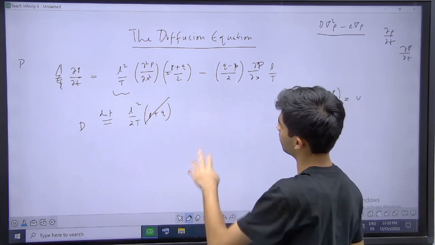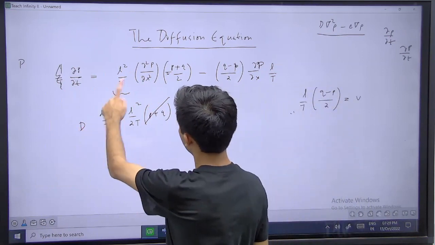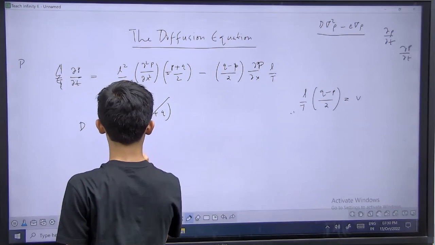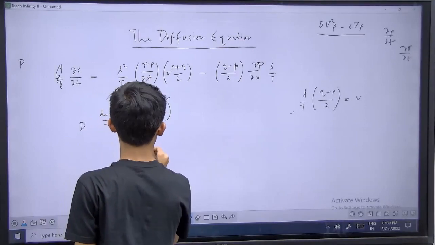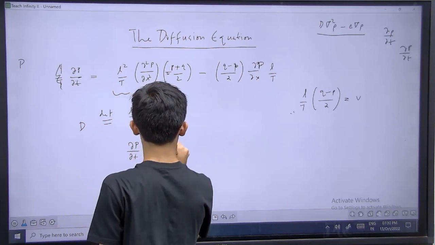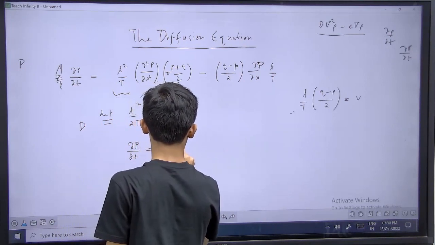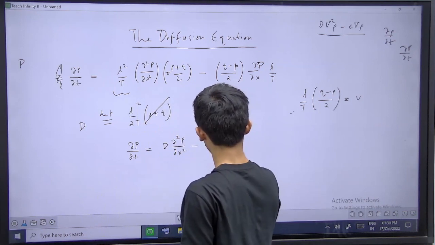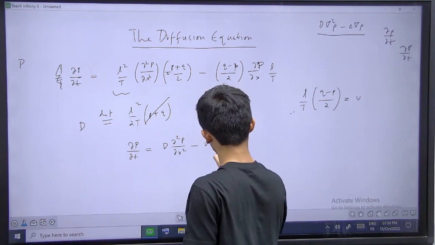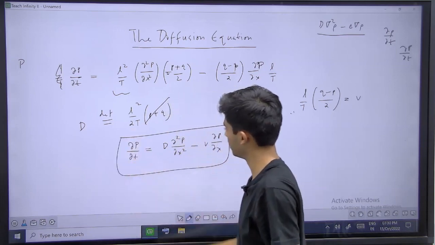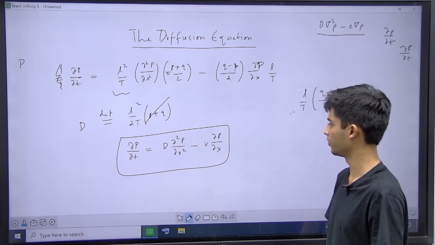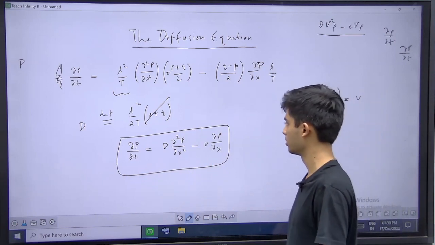I will now convert this by substituting all the D's and the v's, and so the final equation we will get is something like this. In one dimension, this is the cleanest form of the diffusion equation. Correct.